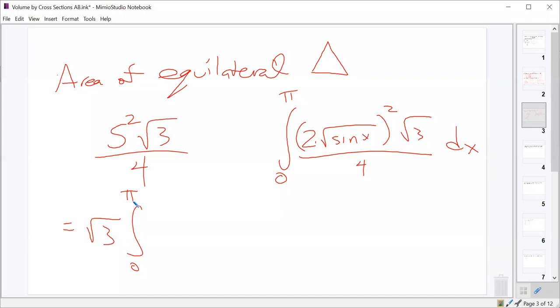Well, what's root sine x squared? Sine x. So we just have root 3 times the integral of sine x dx from 0 to pi, and we just did the integral of sine x a minute ago. It's negative cosine x. We got root 3, we got negative cosine x, we got 0 to pi, and negative cosine pi minus negative cosine 0.